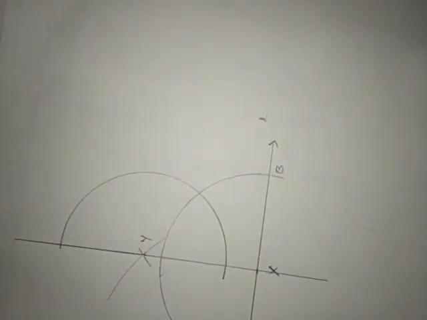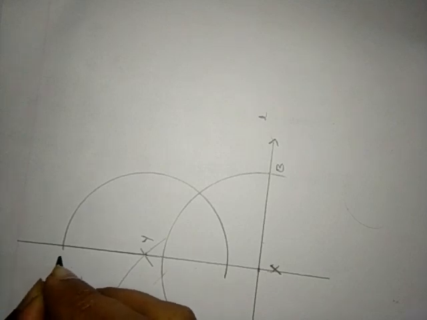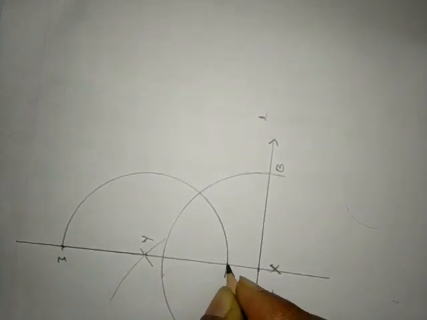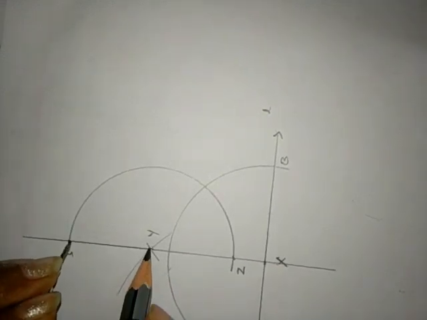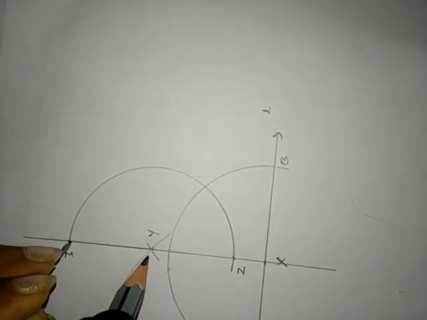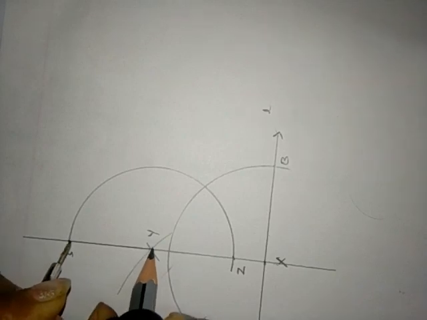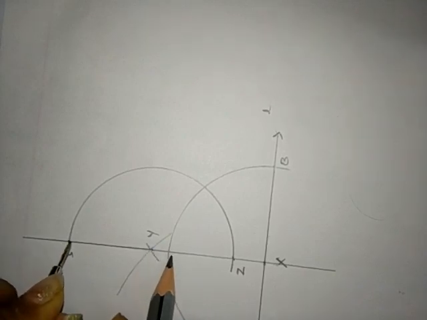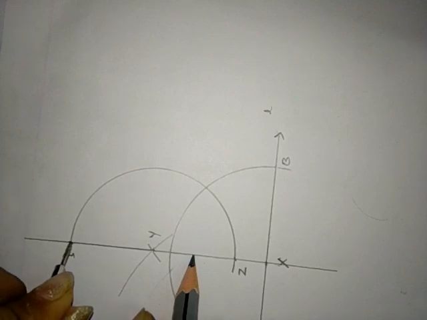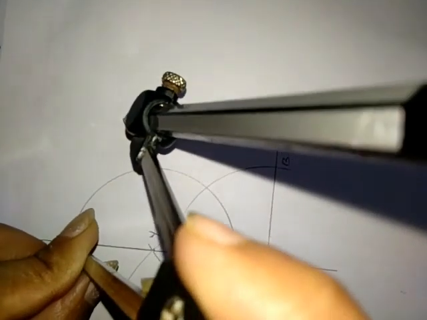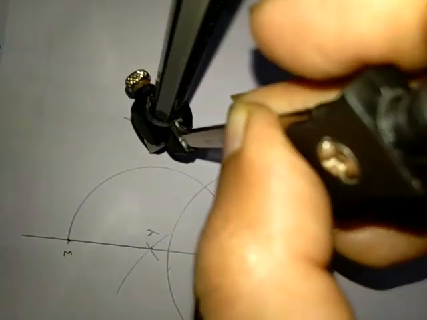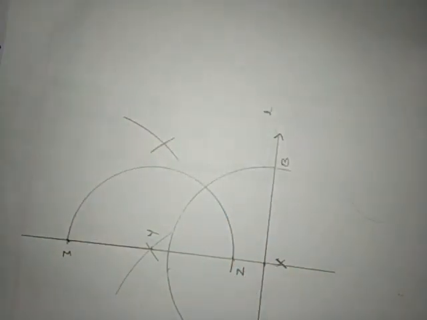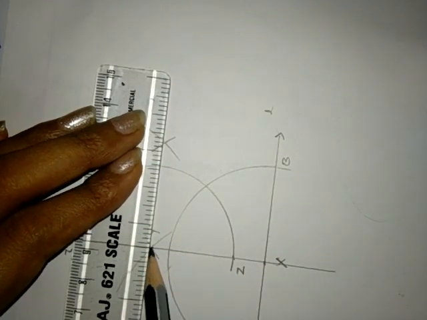And we'll call this point M and this point N. Again taking more than the length of MX. Okay. Now we'll cut this. Keeping on the point N, again we'll cut it. Okay. Then we'll join this point and this point Y.